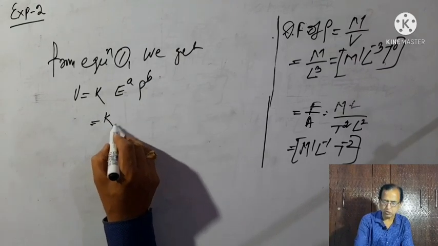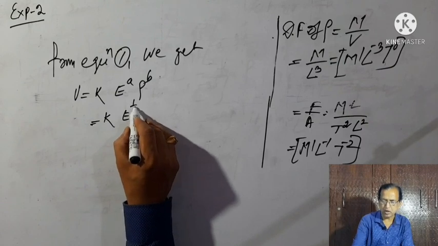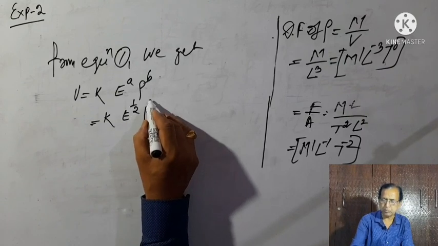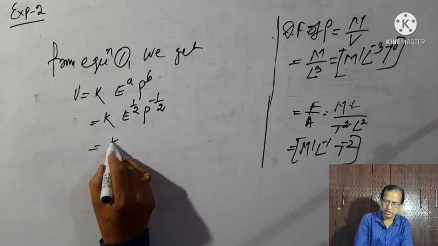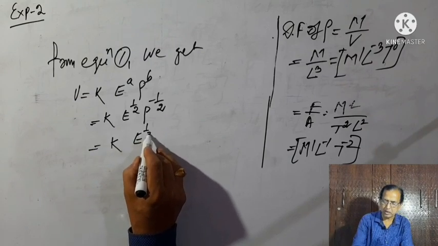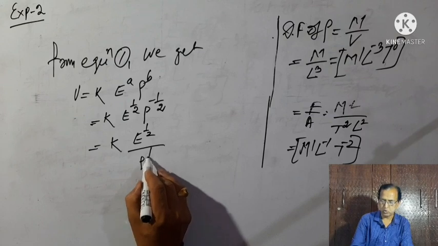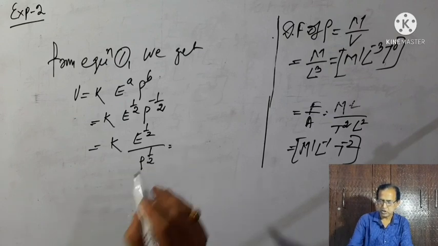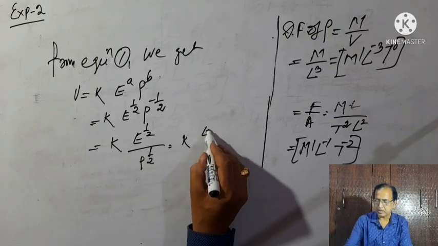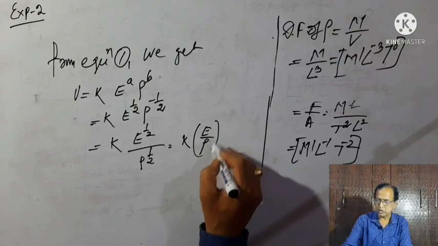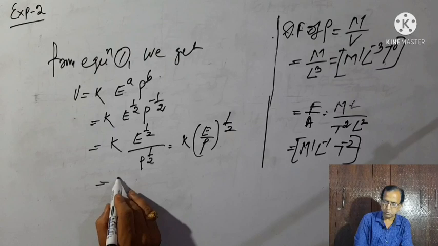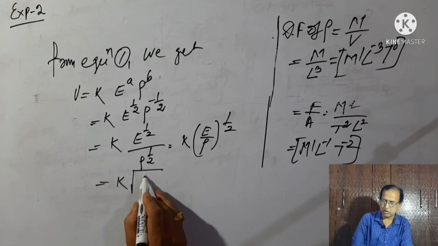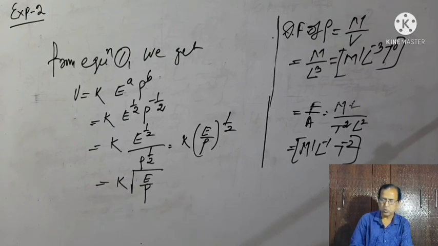So that is equal to K E to the power 1 by 2 rho to the power minus 1 by 2. That means K E to the power 1 by 2 by rho to the power 1 by 2, so K into E by rho whole to the power 1 by 2. This implies V is equal to K root over E by rho.